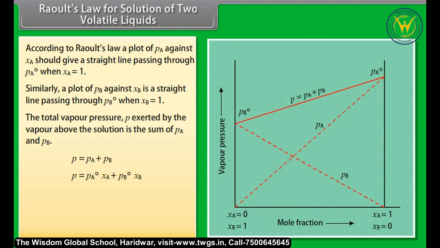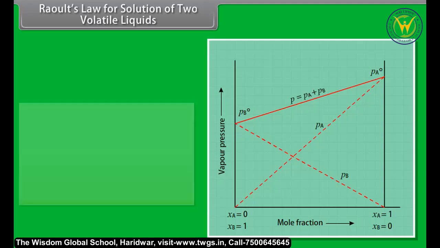By putting XA = 1 - XB, we get the relation P = (PB° - PA°) XB + PA°.